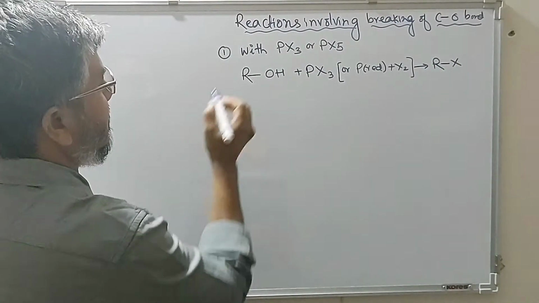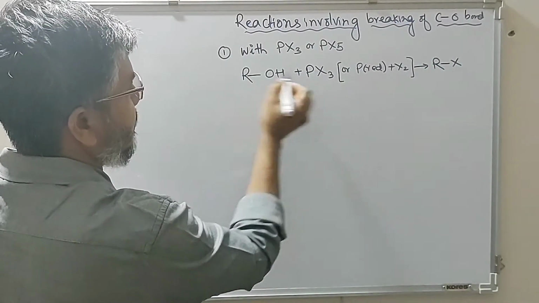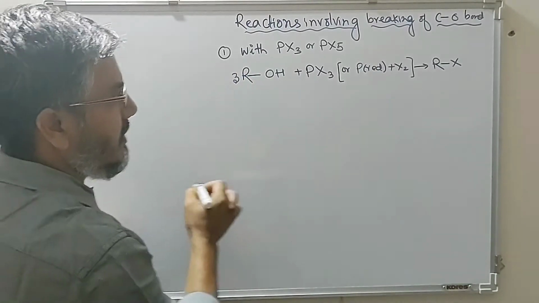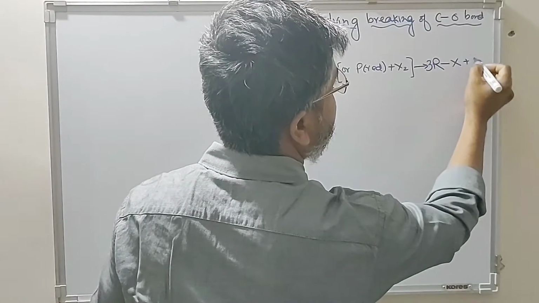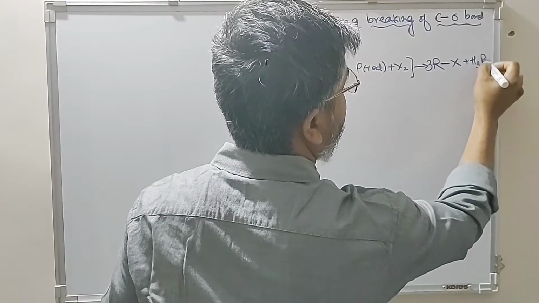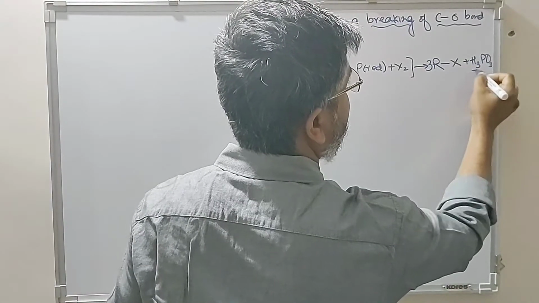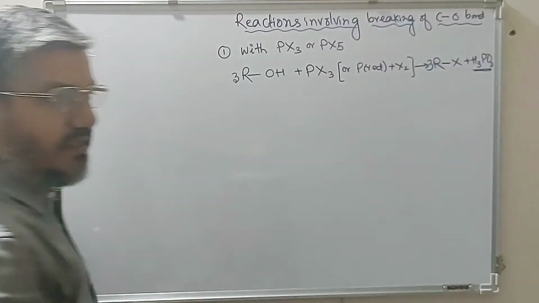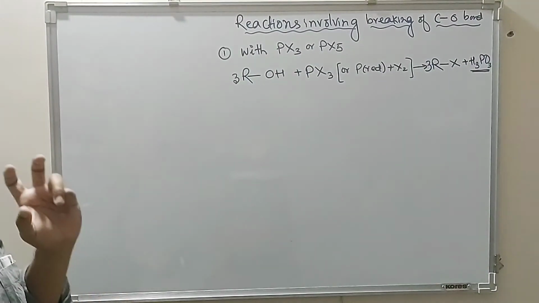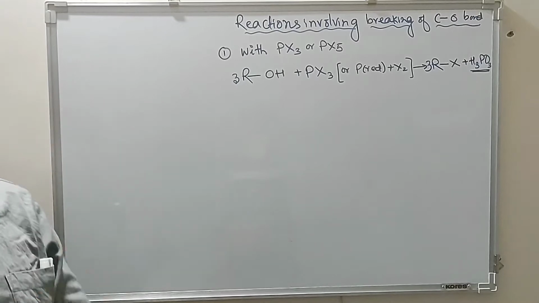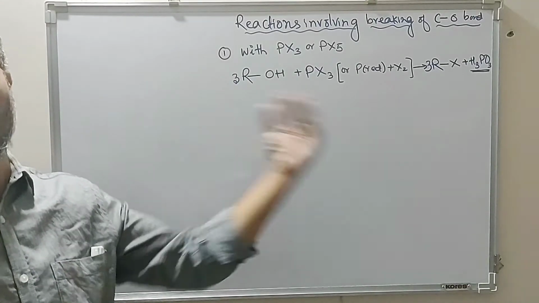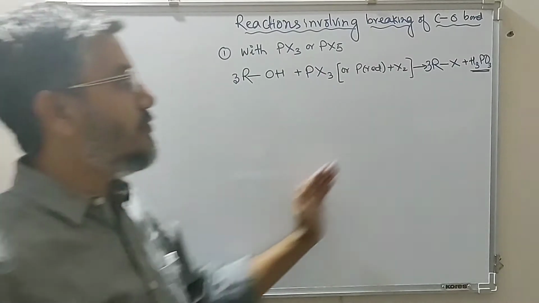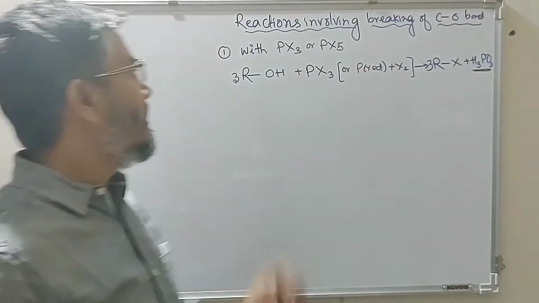If you look at this, 1 mole of PX3 reacts with 3 moles of alcohol to give you 3 moles of RX plus H3PO3, that is phosphorus acid, as the byproduct. So we have to focus on the byproduct also. Sometimes the question focuses on what is the byproduct formed in this particular reaction.